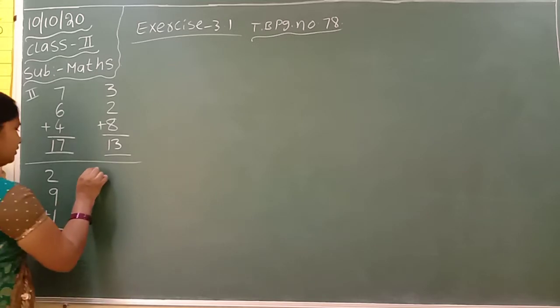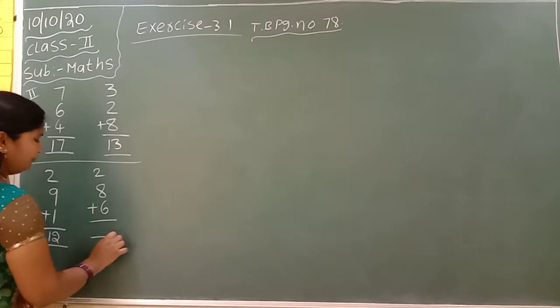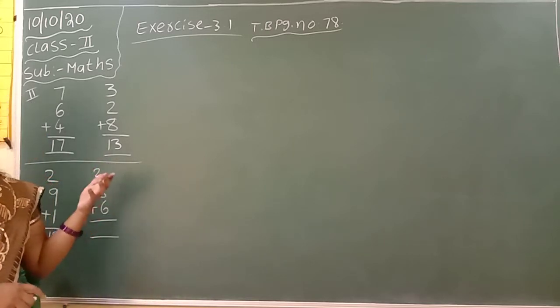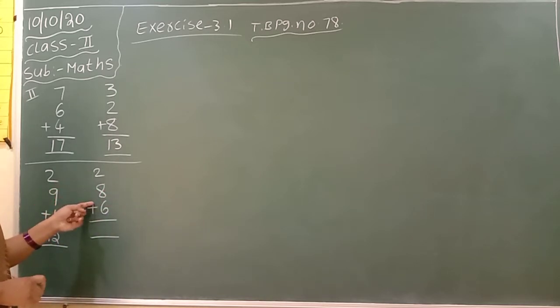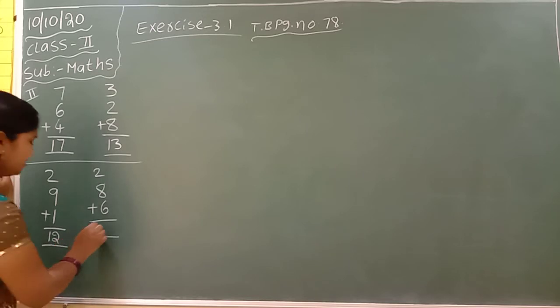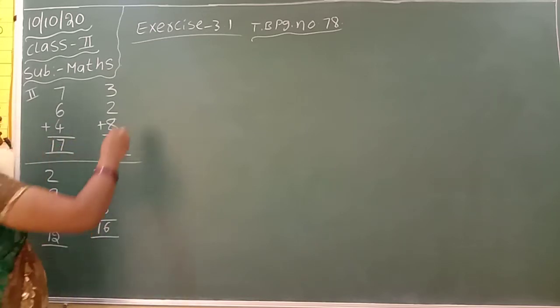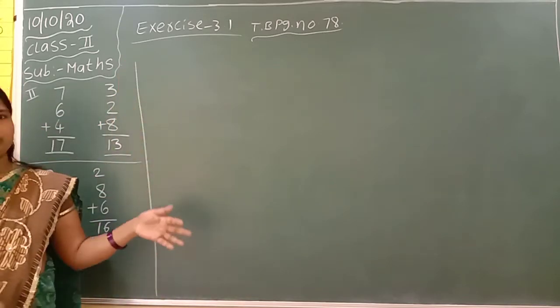Next one more question. 2, 8 plus 6. First check which numbers adding give 10. 2 plus 8 is 10. 10 plus 6 is 16. So our answer is 16. Like this, some more questions are there on your page number 78. You have to finish all of them.